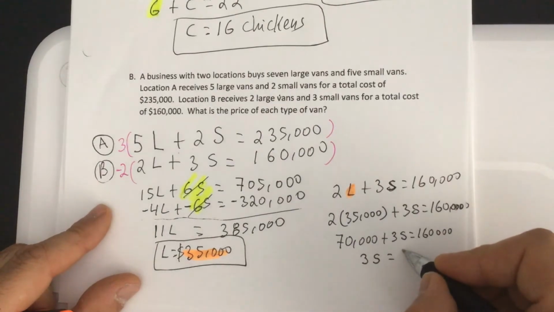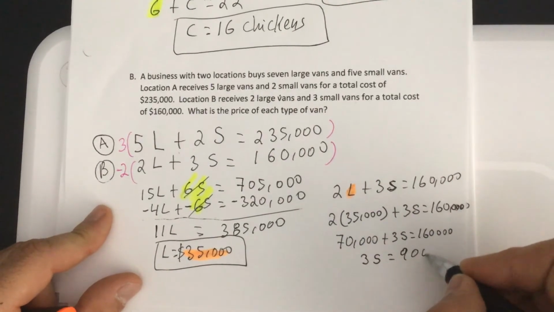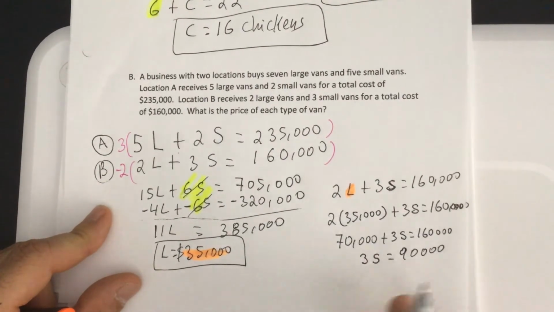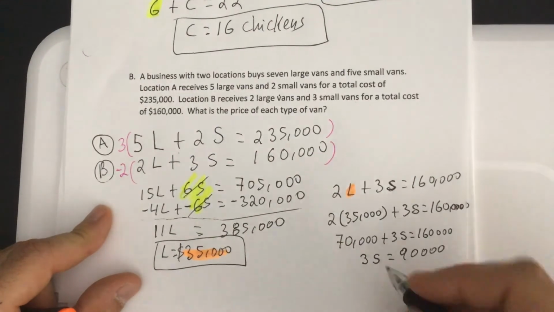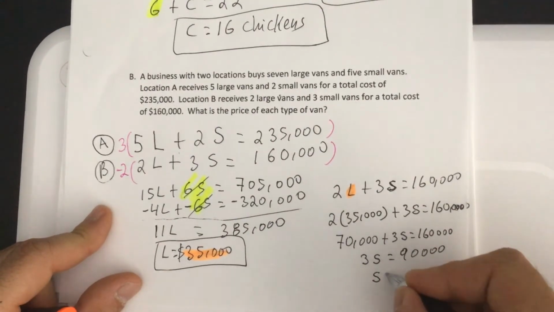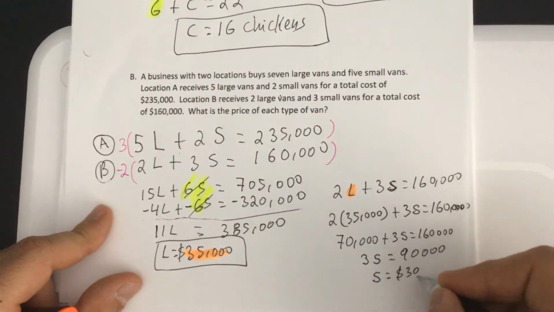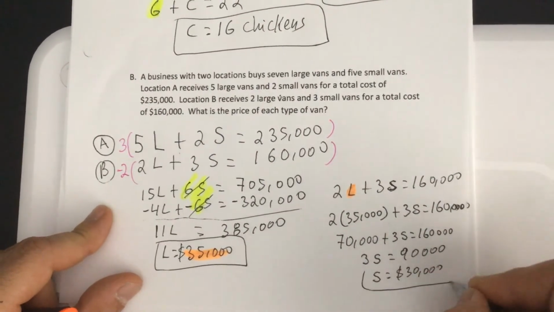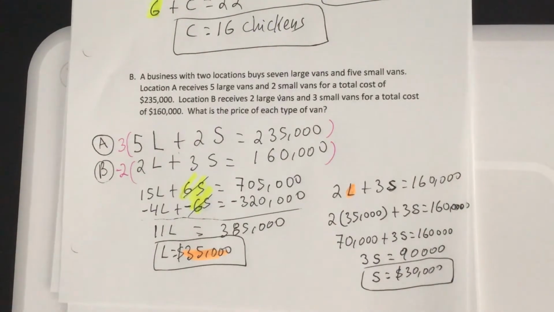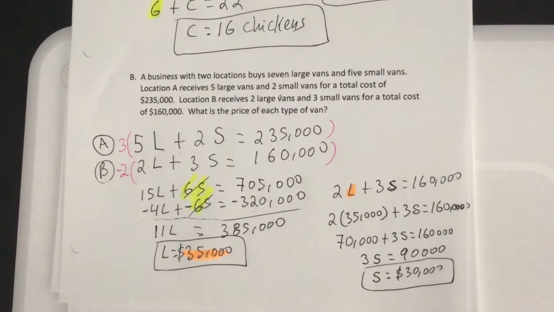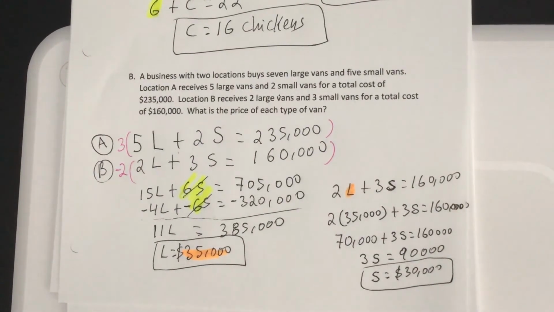That's about 90,000. Divide both sides by 3, and the small band is gonna be equal to $30,000. So the large band costs $35,000. The small band costs $30,000. Simple, right?